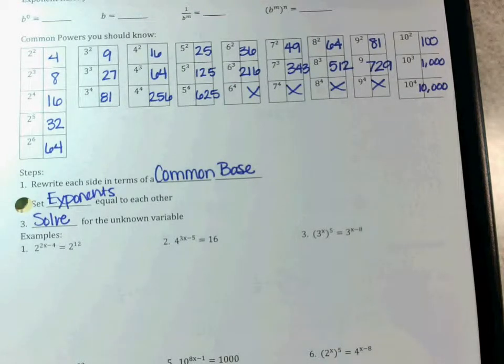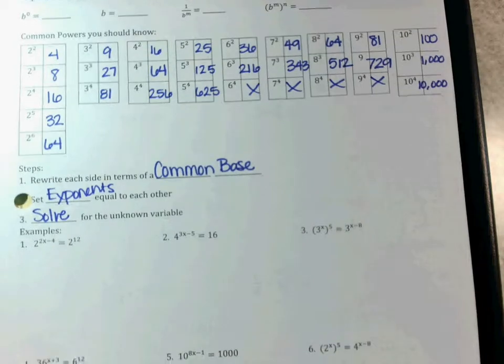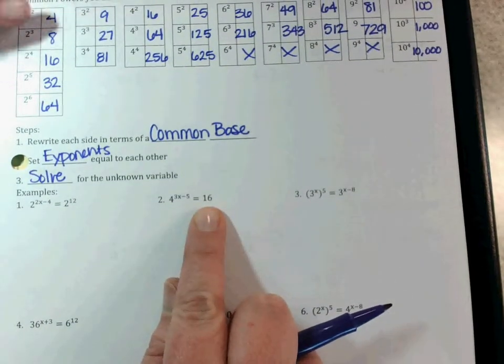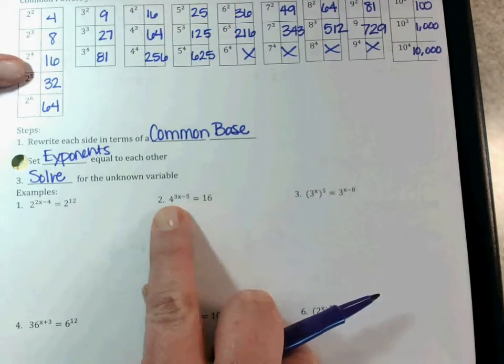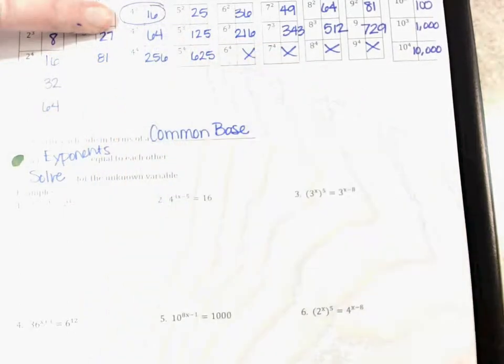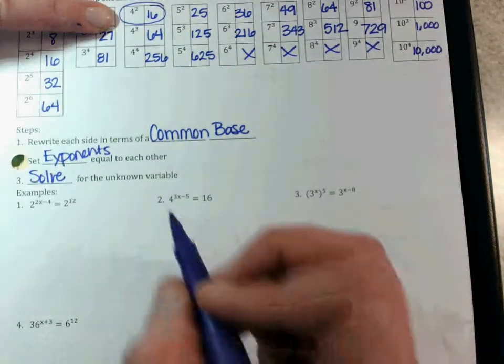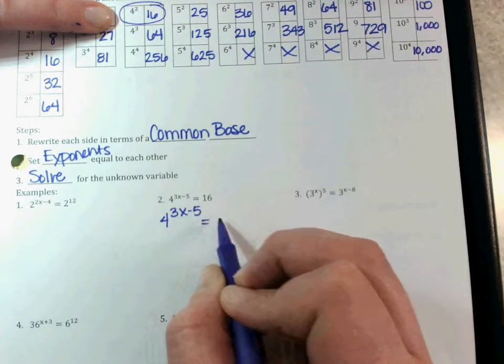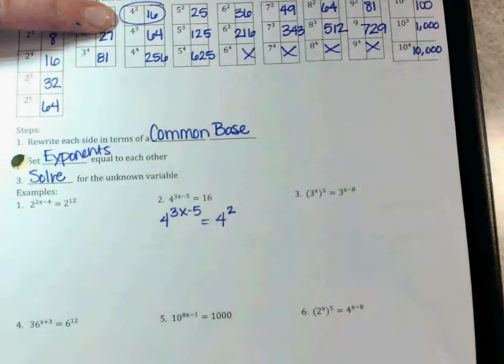I'm not doing all of these because they're similar to yesterday, but take a look at number 2. This side is a 16, so I would look up 16 as a base 4. I would convert that to 4 to the 3x minus 5 equals 4 to the 2.